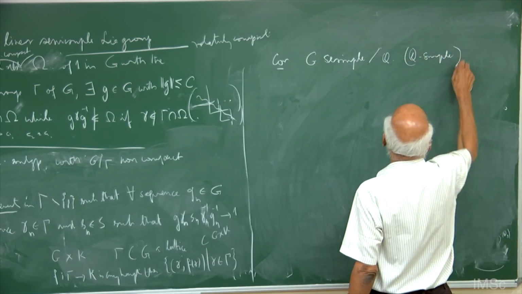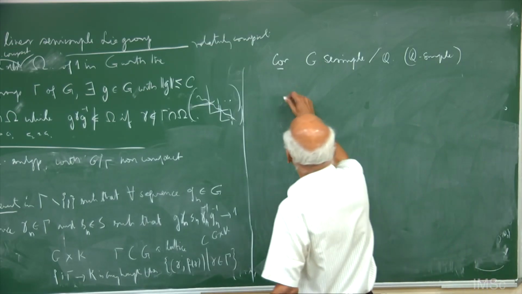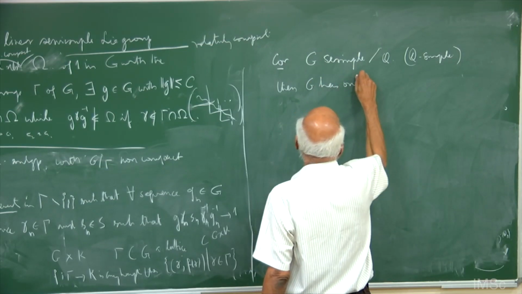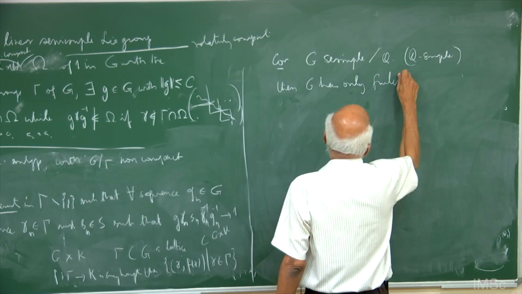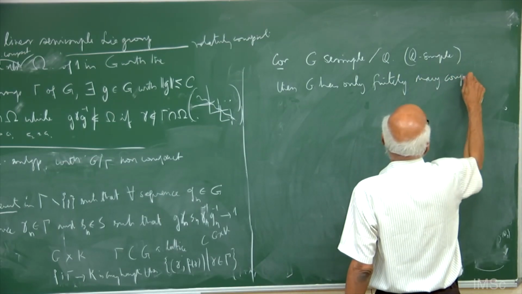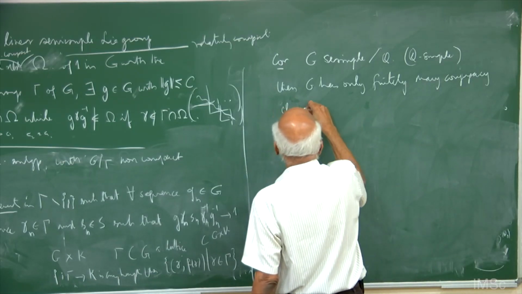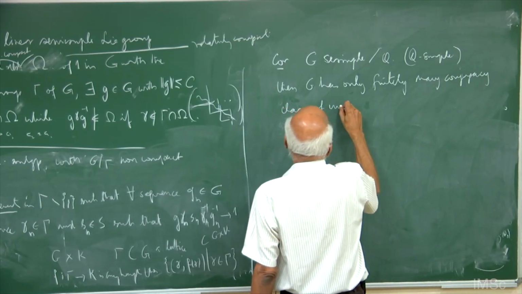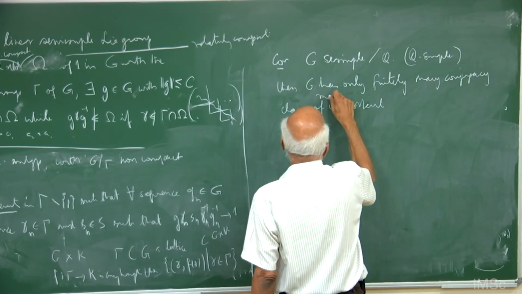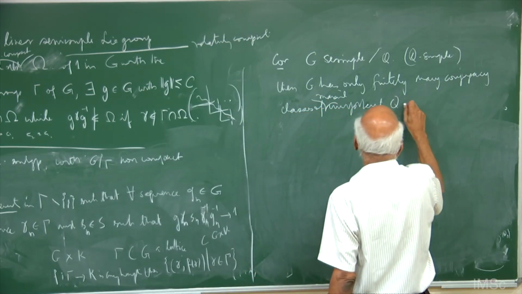It has no normal algebraic subgroup defined over Q. Then G has only finitely many conjugacy classes of maximal unipotent Q subgroups.